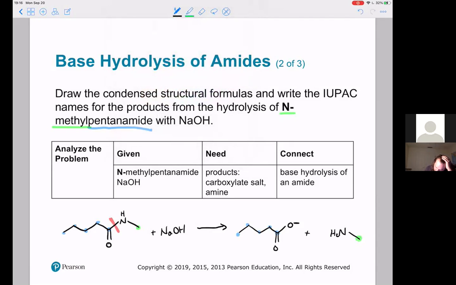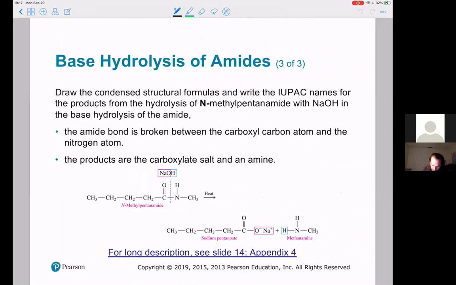And so this would be methanamine. Okay. Cool, so checking our work looks good. Again, importantly, cleaving at that nitrogen carbonyl carbon bond. Because it's under basic conditions, we will get a carboxylate salt and an amine.